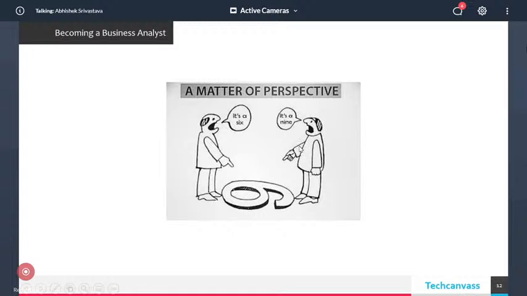Both of them are right. The problem is the way they are looking at it. The person on the left sees it from his or her perspective, so it is 6. The person on the right is looking from his perspective, which is 9.